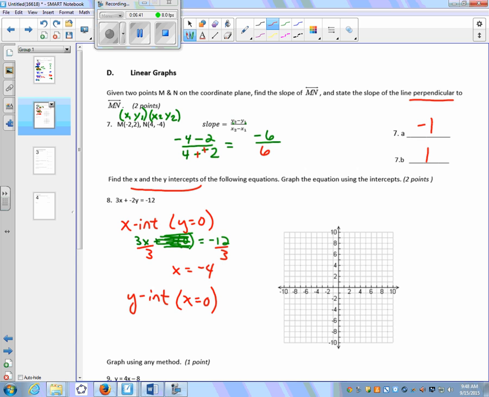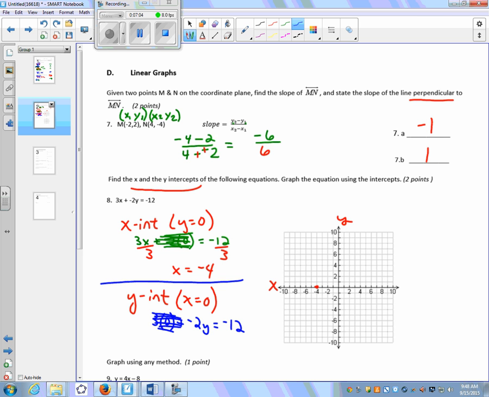That's the x-intercept. So here's our x-axis, here's our y-axis. X is negative 4. It's going to be plotted right there. The y-intercept is when x equals 0. So we take the same equation and plug in 0 for x this time, which cancels that whole thing out.